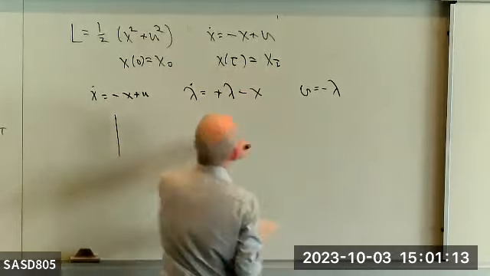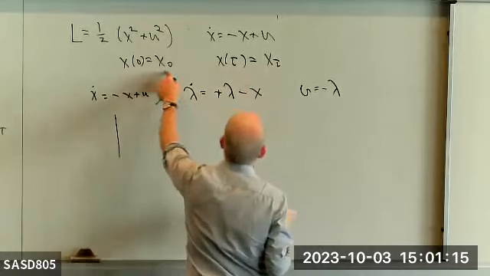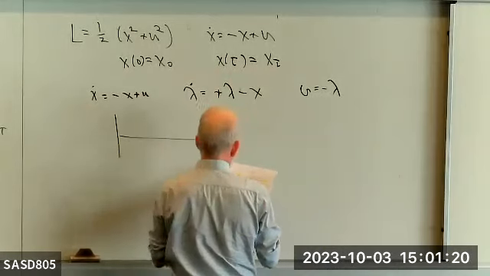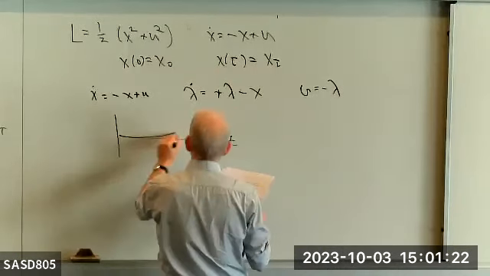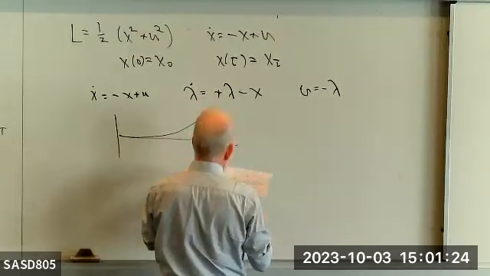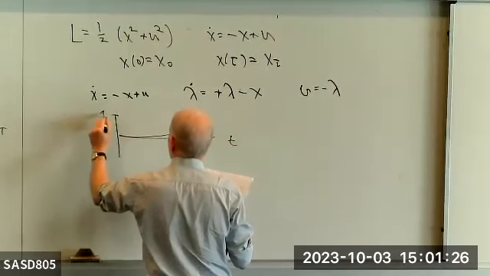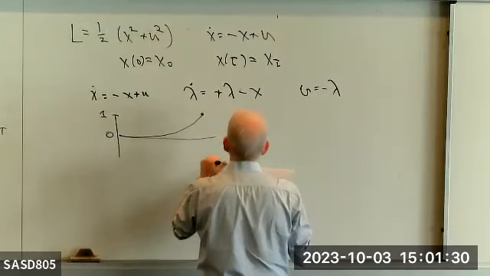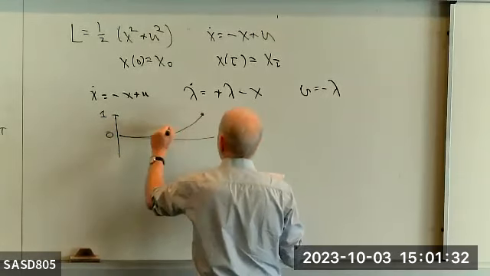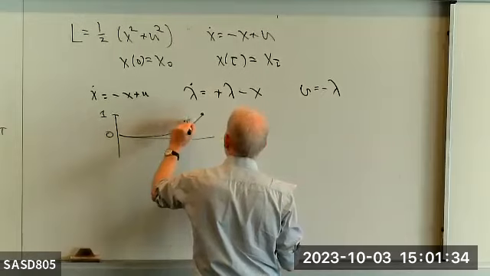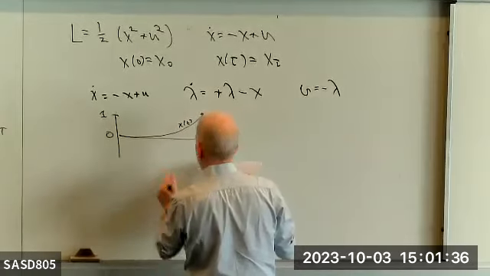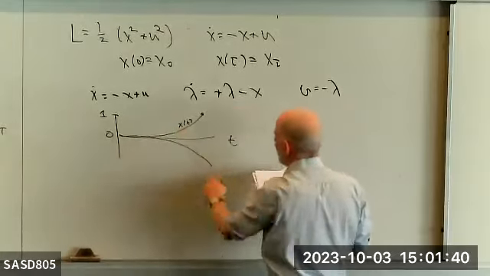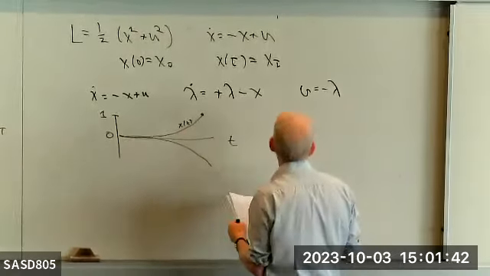And if we start at 0 and go to 1, for example, then this is time, and then we'll have some x, this is 1 and 0. So this will be x of t. And then lambda will do essentially just the opposite. It'll be diverging in the other direction.